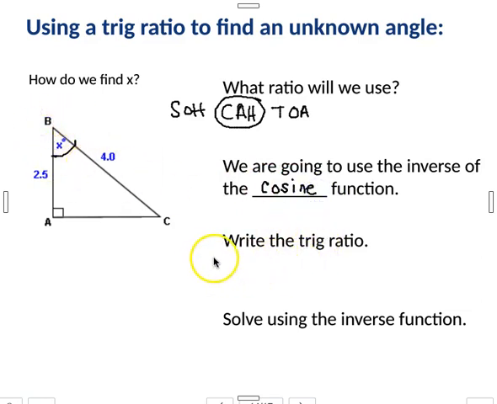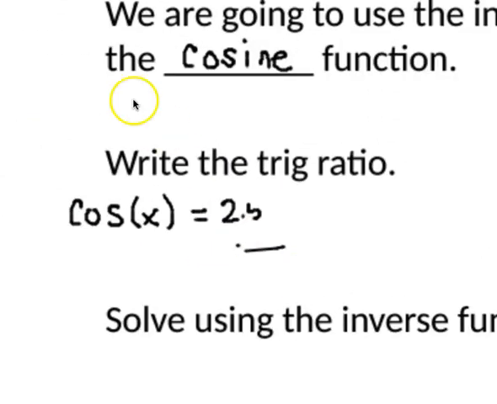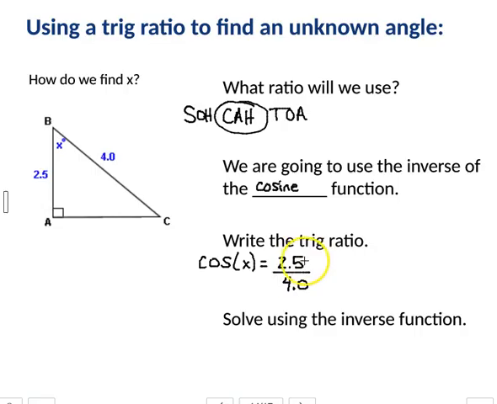So we're going to have cosine of the unknown angle equals the adjacent side, which is 2.5, over the hypotenuse, which is 4.0. In order to solve, since we're finding an angle measurement, we have to use the inverse function.